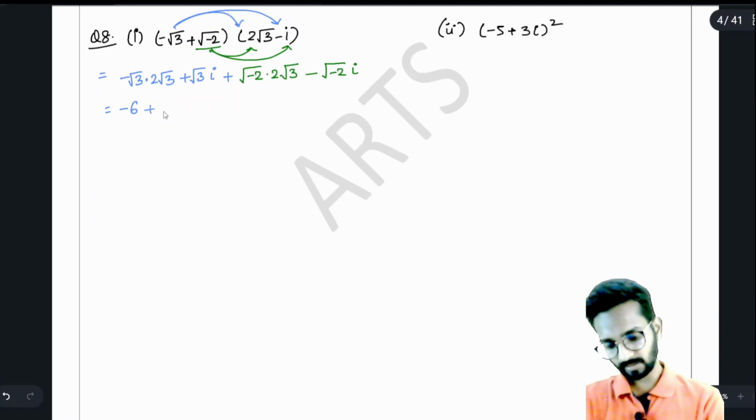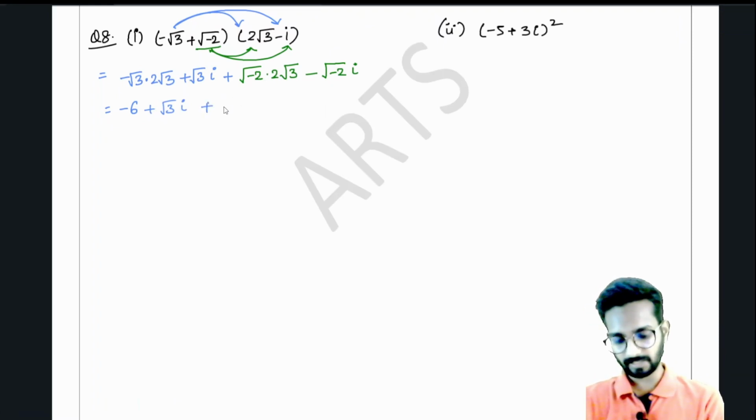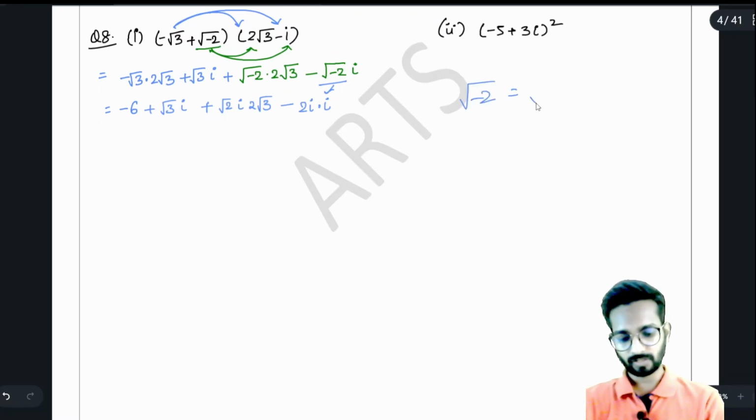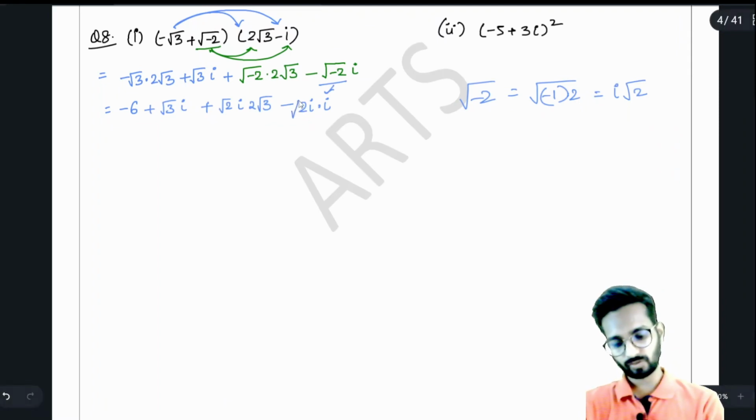After this plus root 3i, then plus root of negative 2 we can write as root 2i, and 2 root 3 is already there, so it will become 2 root 3 minus root of minus 2. We all know that root of negative 2 is like root of negative 1 into 2, and we know that root of negative 1 is i, and this will remain only root 2. So we have written here root 2.